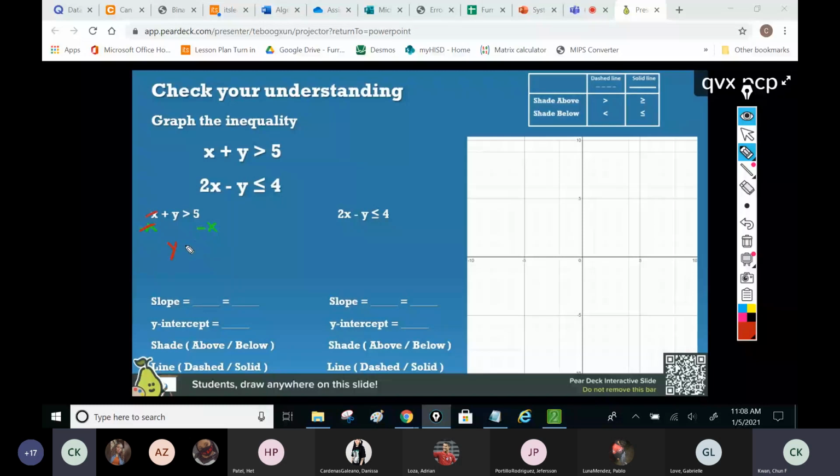So y is greater than negative x plus 5, like this. And now you can go ahead and find the slope. The slope is in front of the x. That means it is -1. And then the y-intercept is 5.